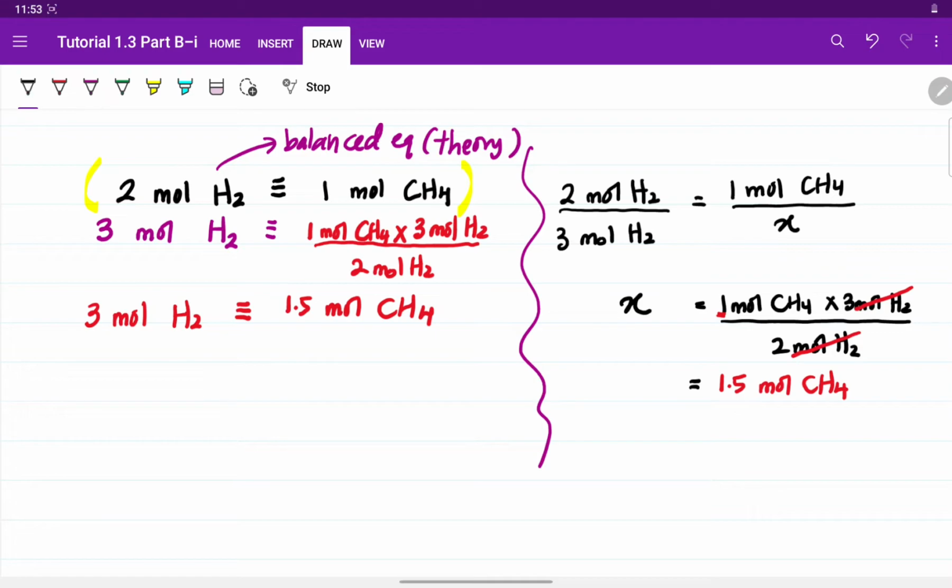And then yang bahagian bawah ni pula, this is usually came from your experiment. So maksudnya nilai yang diberi dalam eksperimen. So kita manipulate information from the balance equation, from the theory, for us to get the information based on the value given experimentally.